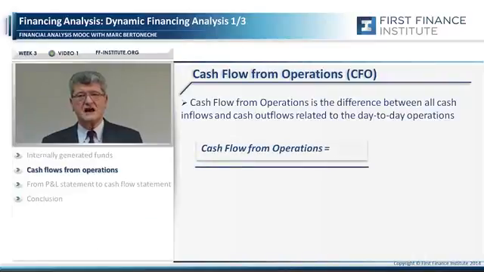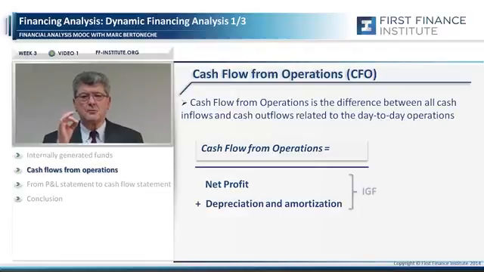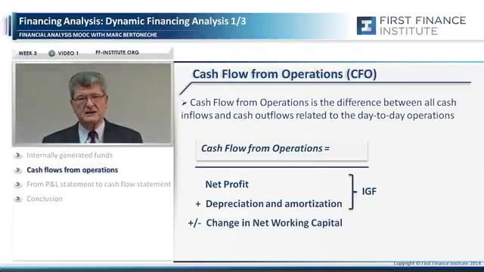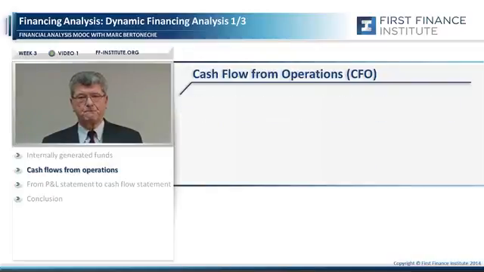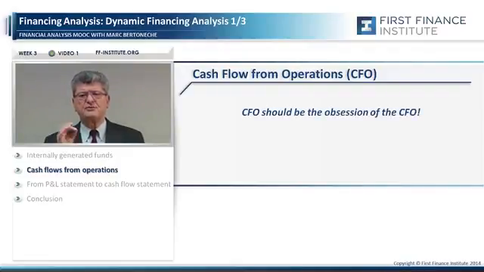As you see on the slide, the definition of cash flow from operation is net profit plus depreciation and amortization plus or minus change in net working capital, depending if it's going up or down. Cash flow from operation is essential as it measures the ability of my day-to-day operation to generate cash. As I said sometimes, CFO should be the obsession of the CFO.